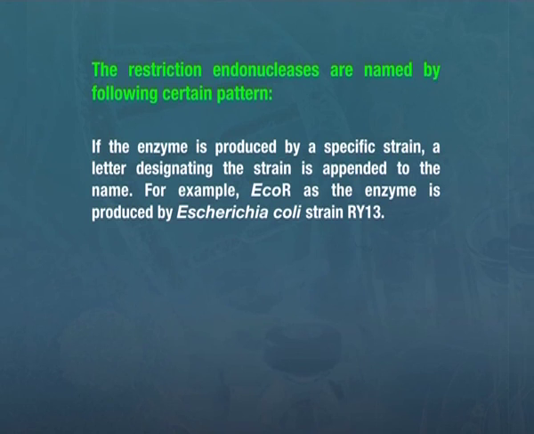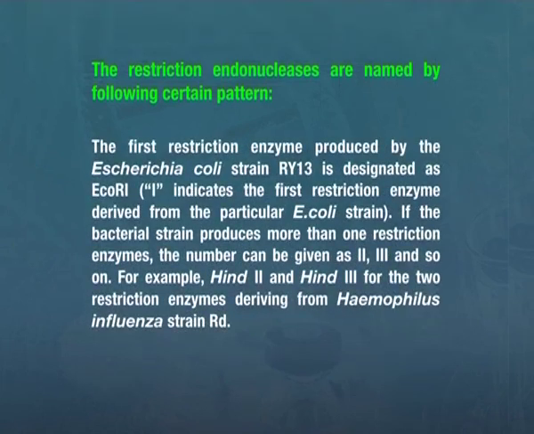For example, EcoR, as the enzyme is produced by Escherichia coli, strain RY13. In the third point, the first restriction enzyme produced by Escherichia coli strain RY13 is designated as EcoRI.